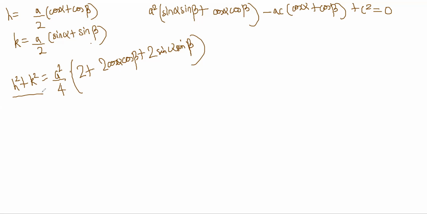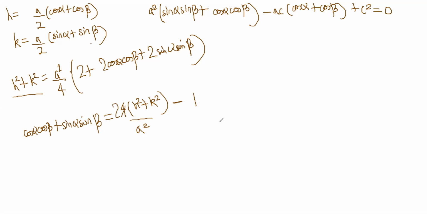So now we get an expression for cos alpha cos beta plus sin alpha sin beta, which is 4 times h square plus k square by A square, minus 2, by 2. So minus 1, and this becomes 2 times h square plus k square minus A square by A square. And cos alpha plus cos beta is equal to 2h by A.